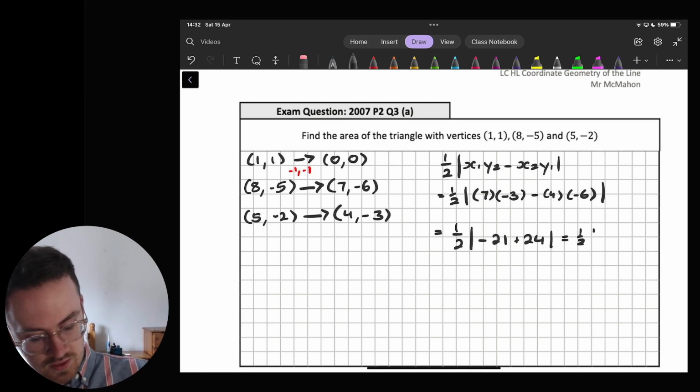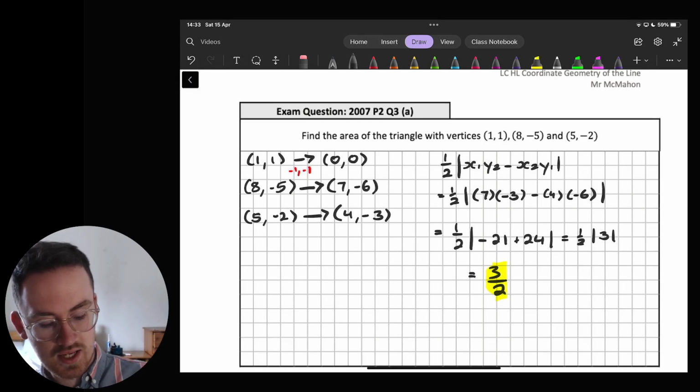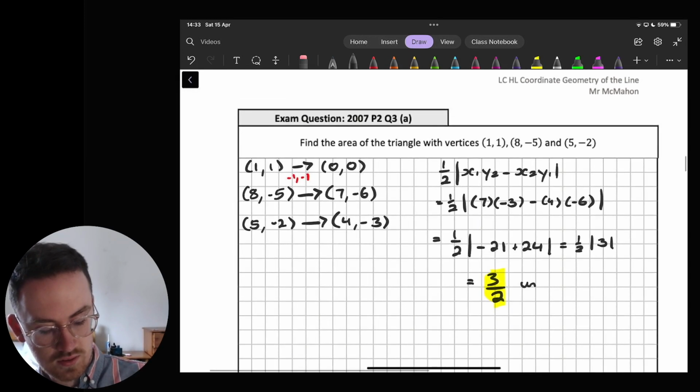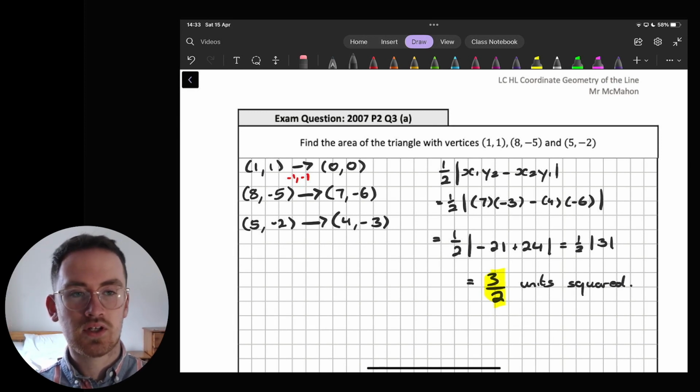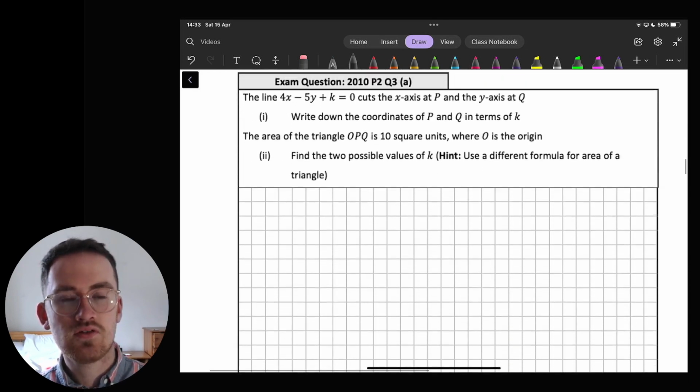So half times 3, which gives me 3 over 2 as my answer. 3 over 2, and we'll say 3 over 2 units squared. Okay, so continuing on then, next exam question.